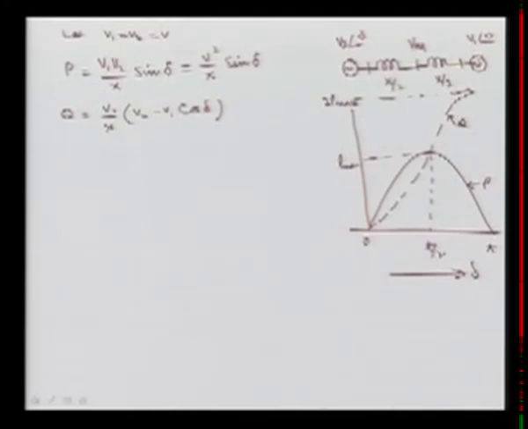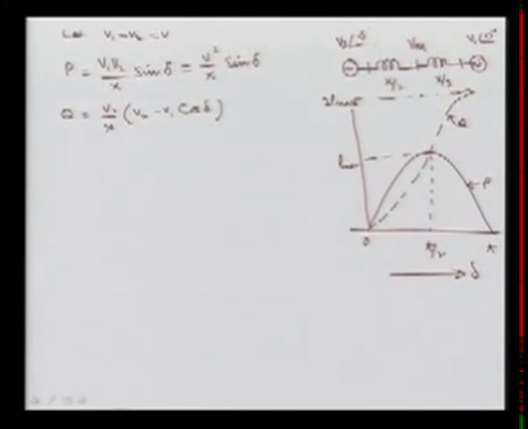I am ignoring the losses, that is the resistance of the line, and this system's angle is 0, and the angular separation between the two is delta.